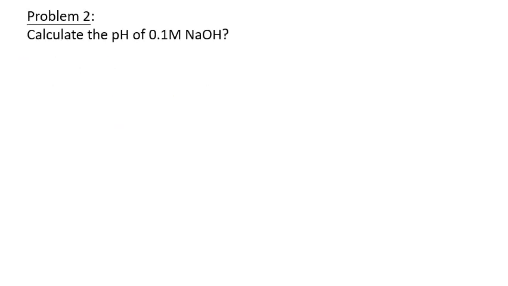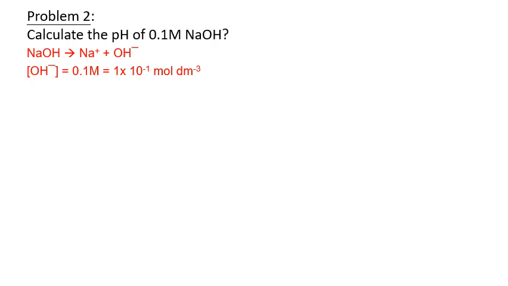Okay, so final question, calculate the pH of 0.1 molar sodium hydroxide. There's an additional step in here, but I won't give away too much. So pause the video now and let's see what answer you get. Right, so sodium hydroxide, of course, dissociates completely into sodium ions and hydroxide ions. Concentration of hydroxides is 0.1, because of this complete dissociation.